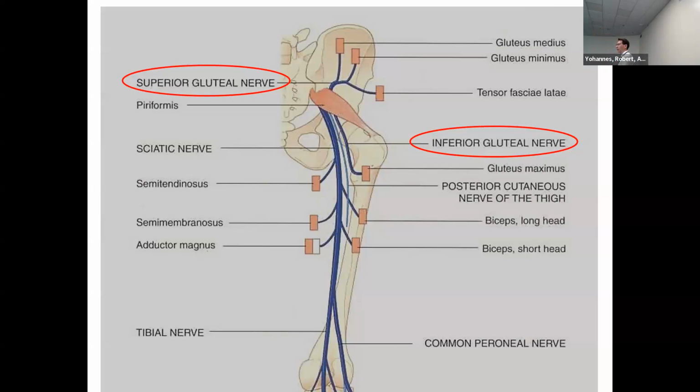Now, here's a way to remember the next nerve. The inferior gluteal nerve innervates the largest and strongest muscle in our body, the gluteus maximus.